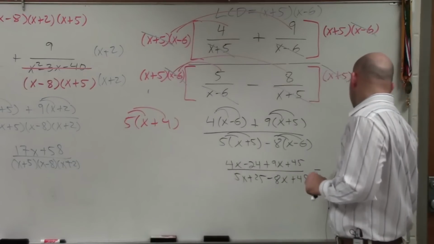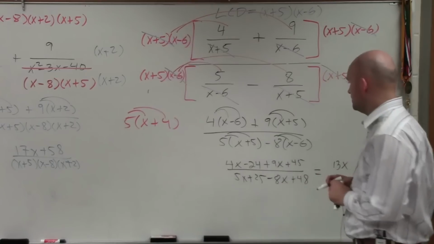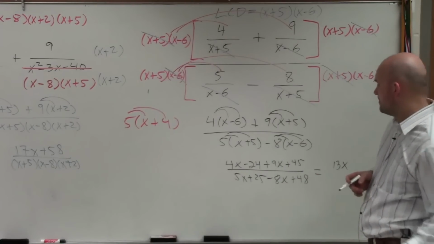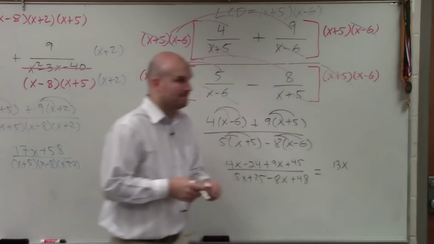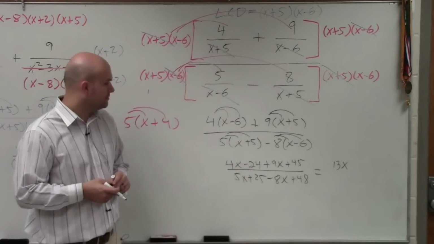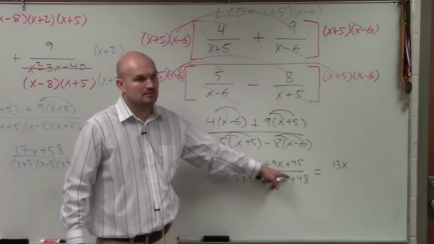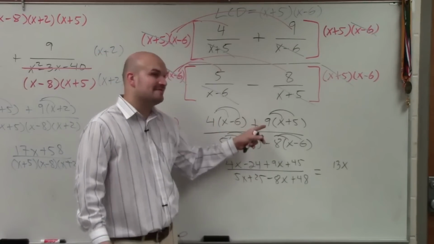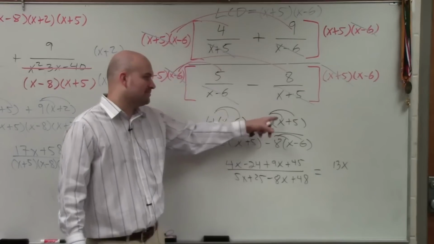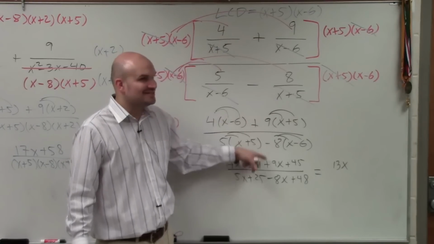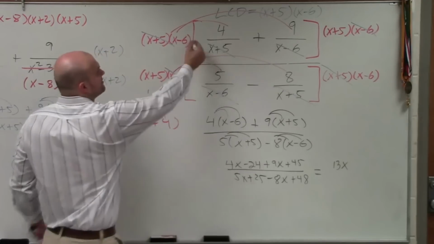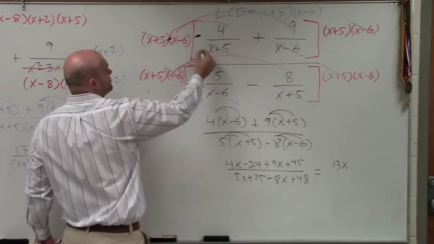Final answer is 13x. Let's see. Whoa, cross what out? Over here? We can't cross the x plus 5s out because look at what these terms are: they're separated by addition and subtraction. Remember, the division property only works when everything is separated by multiplication and division.